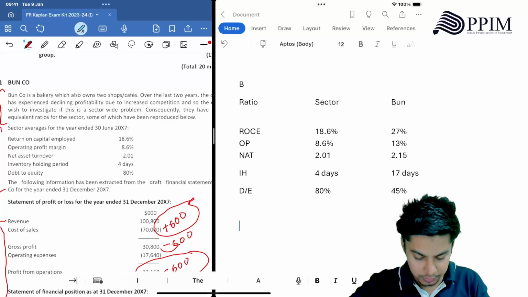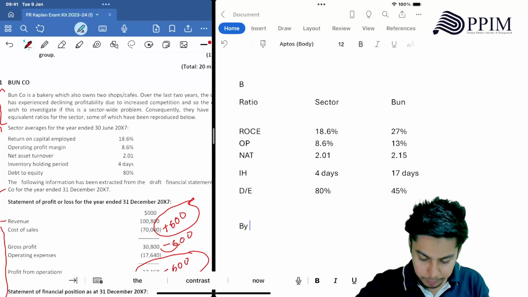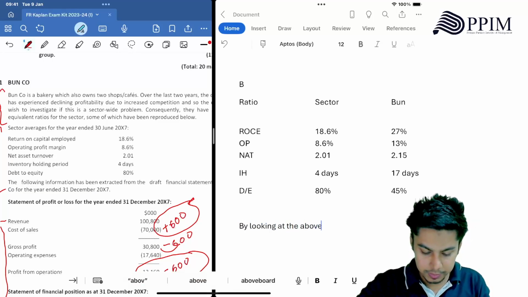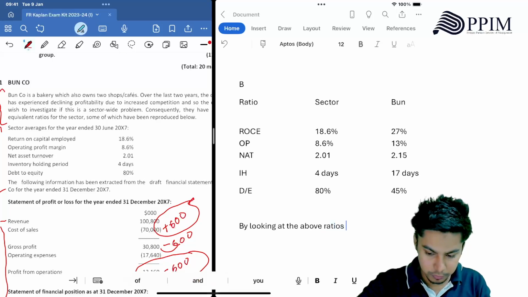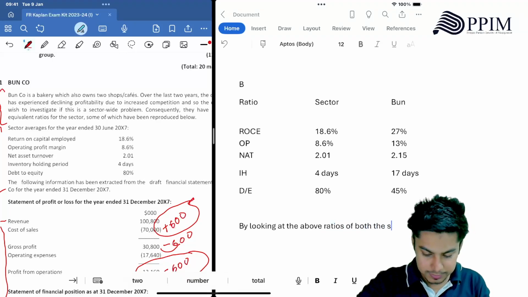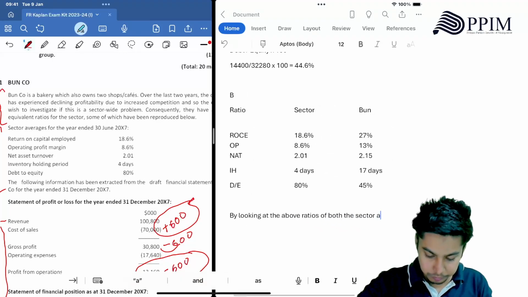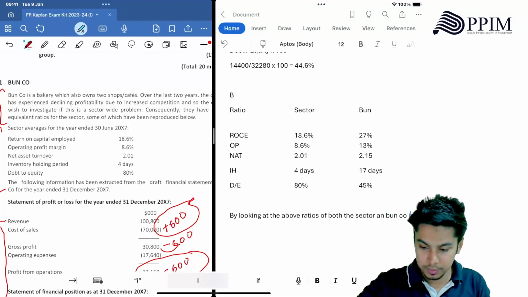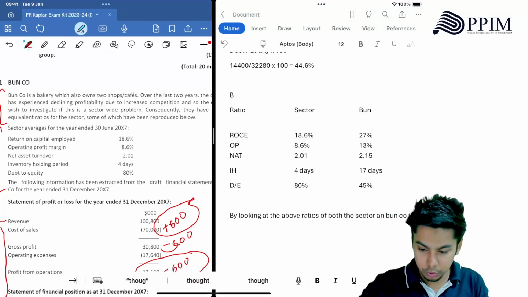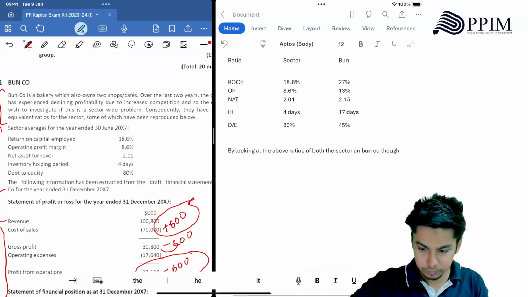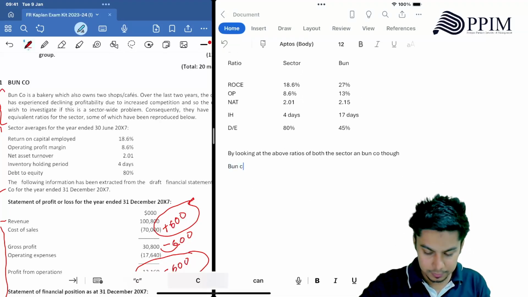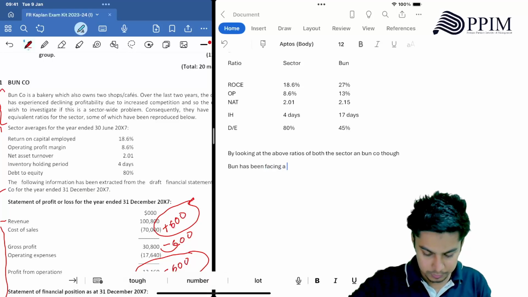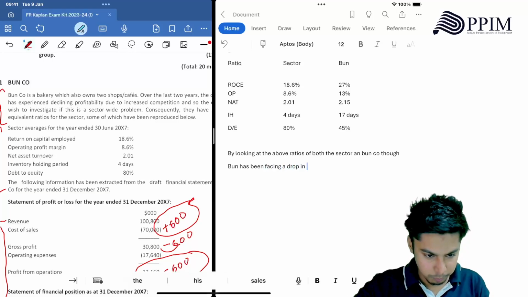Right. So guys, see, I'll just write a comment over there. By looking at the above ratios of both the sector and one corporation, though one has been facing a drop in profitability.